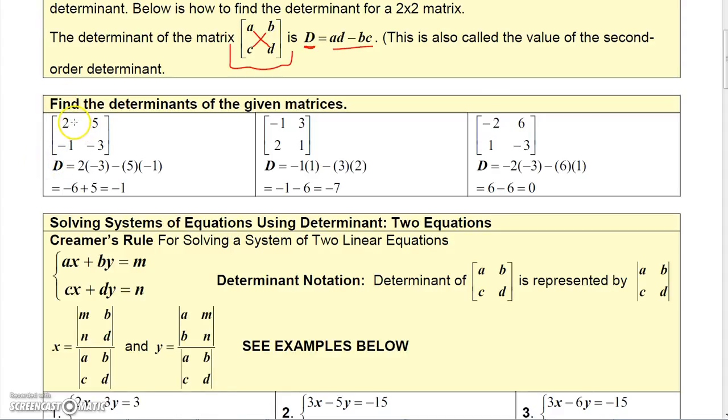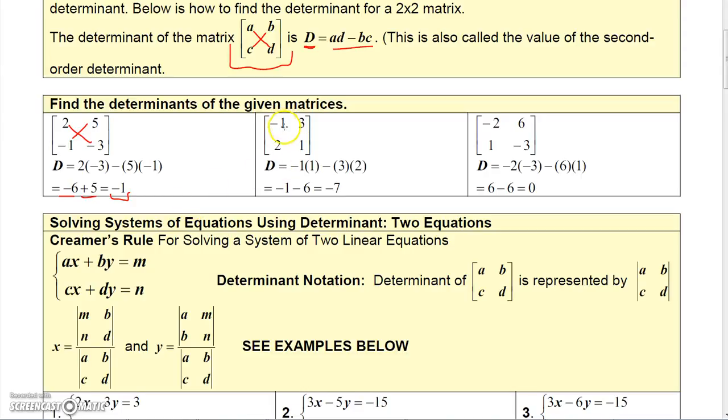You have to be careful with your signs though. So if I want the determinant of this matrix, I'm going to do 2 times minus 3 minus 5 times negative 1. Well, that's going to give me minus 6 minus negative 5, which is minus 6 plus 5, which is negative 1.